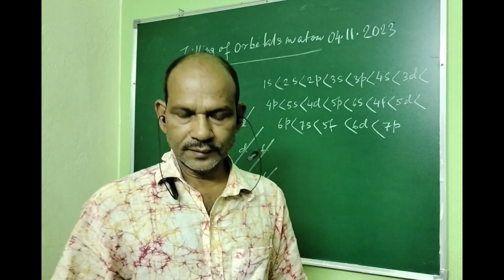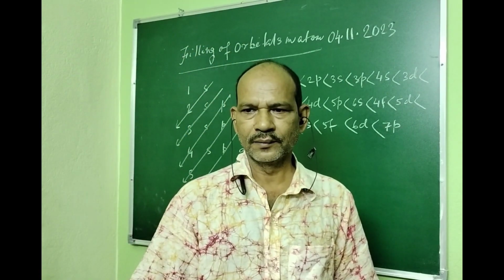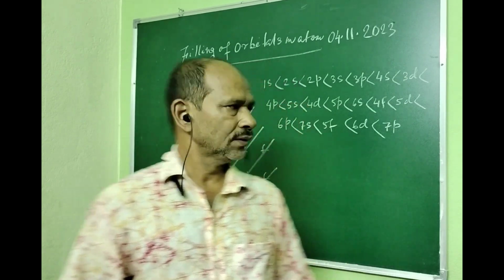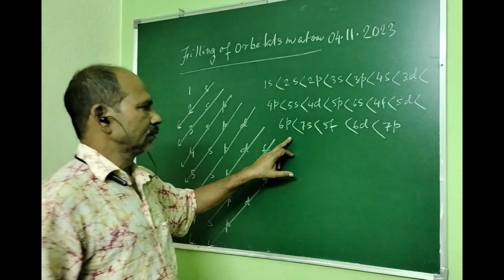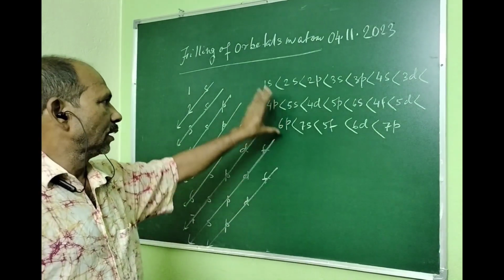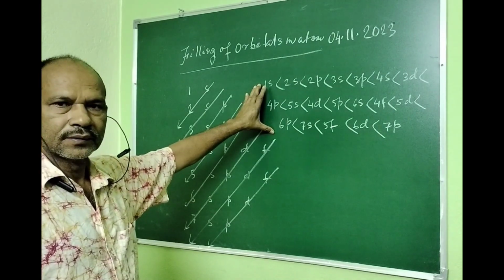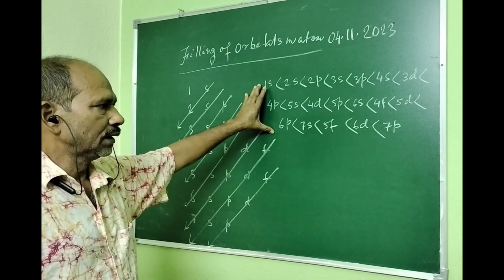All the elements can be filled up with electrons in the increasing energy levels. This is the building up of electrons in this energy order.